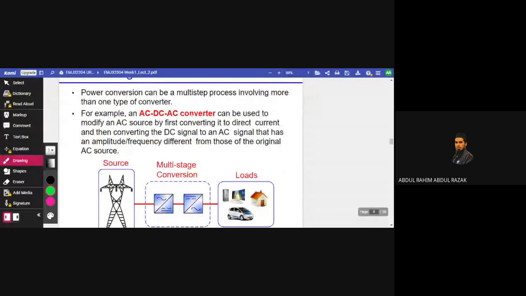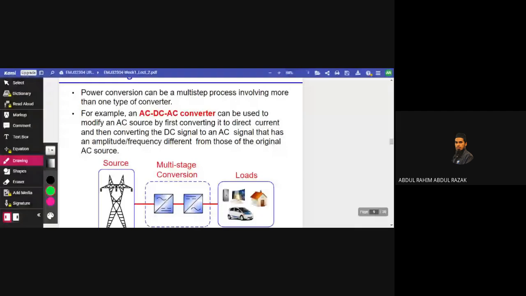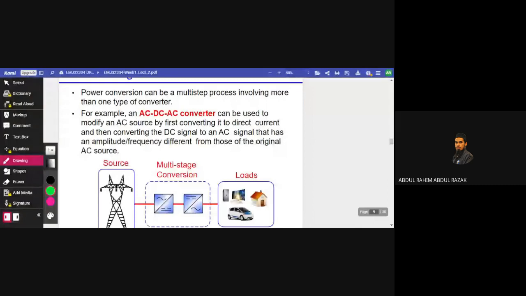Power conversion can be a multi-step process. If we need DC but the incoming is AC, we sometimes cannot convert directly from AC to DC with a single conversion, due to cost and voltage level constraints. So we rectify from AC into DC, transmit, and convert into AC again.